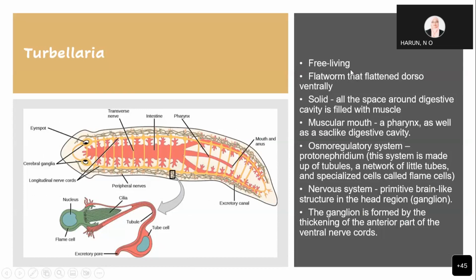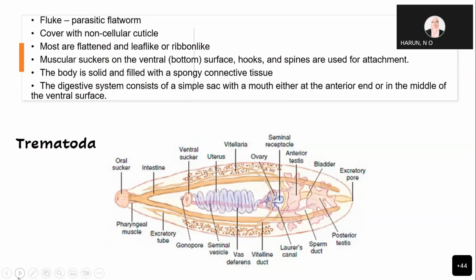Free living flatworms that are flattened dorsoventrally, with a muscular mouth or pharynx as well as a sac-like digestive cavity. Okay. For Trematoda, flukes, parasitic flatworms covered with a non-cellular cuticle. Most are flattened and leaf-like or ribbon-like. The body is solid and filled with a spongy connective tissue.